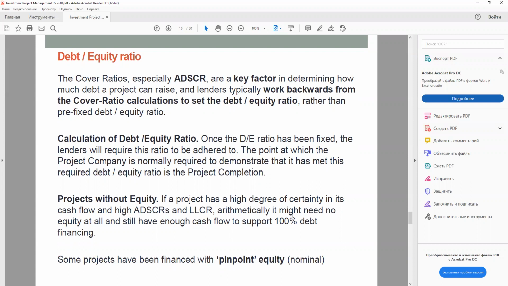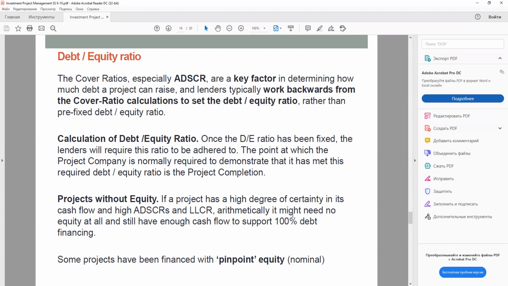And given the requirement for cover ratios, arithmetically speaking, there must always be a surplus cash flow above that required for debt service. That must be used somehow, and the obvious use is paying for equity return. Moreover, it is important that the sponsors have an investment risk during the construction phase.